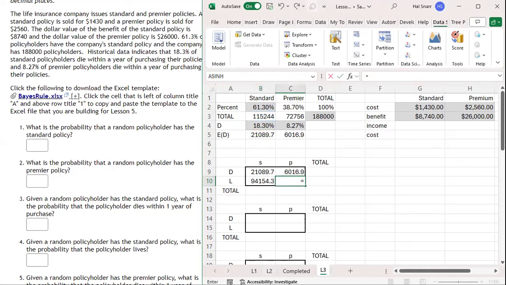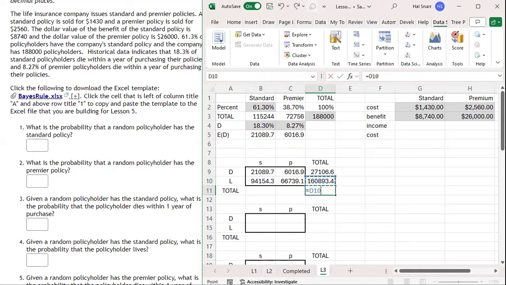The number of premium policyholders that continue to live is that number minus the expected number who pass away within the year. And then this total is the sum of these two. And this total is the sum of those two.